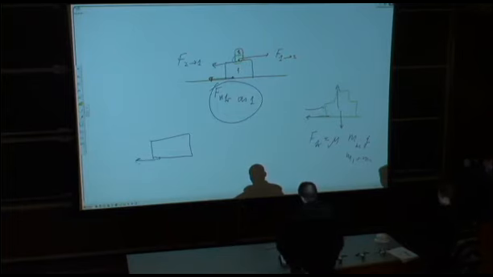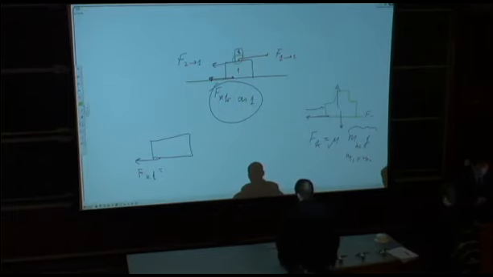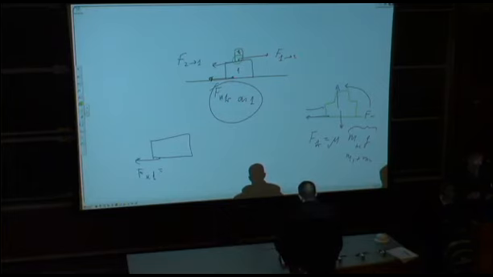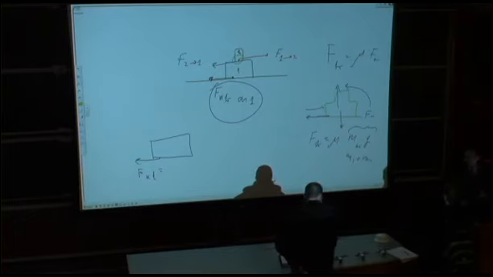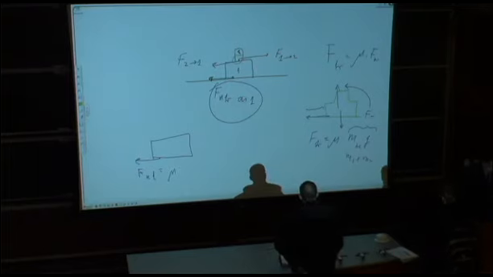If we want to calculate this kinetic friction, this force is equal to this force in magnitude. We always keep in mind that we start from the same relationship: force of friction equals coefficient times normal. So I have to write exactly the same relationship here.